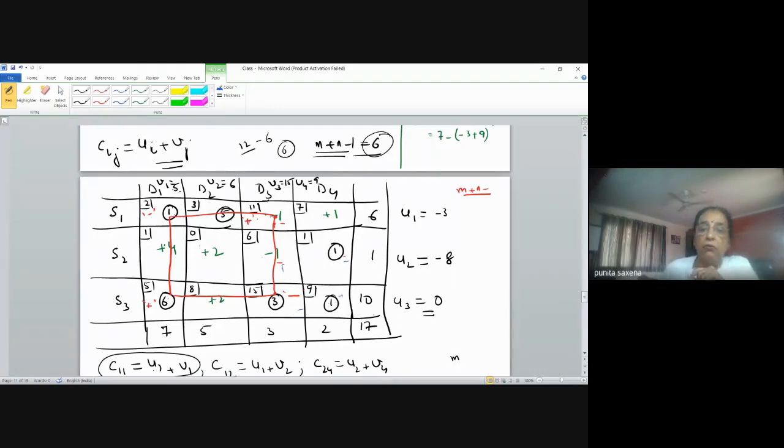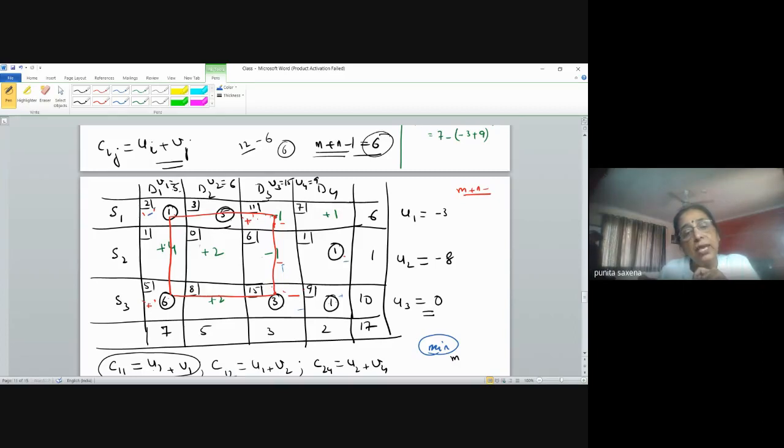Okay, now from all the corners, all the occupied cells that have been marked with a negative sign, identify those and choose the minimum of that. In this case, I just have 4 corners, out of which one I have to make the allocation. The other is marked with a plus that has already an allocation of 6 units.